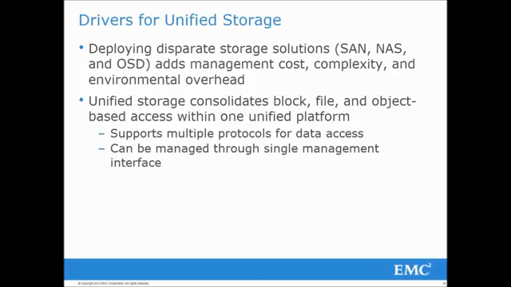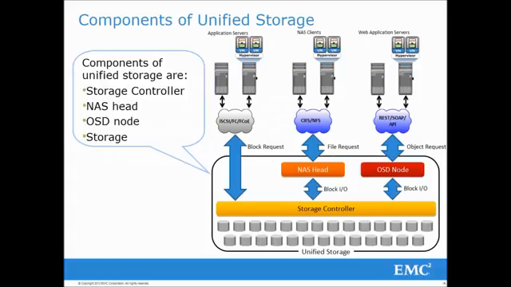Components of unified storage. A unified storage system has the following key components: a storage controller, NAS head, OSD node, and storage. The storage controller provides block level access to application servers through iSCSI, FC, or FCoE protocols. It contains iSCSI, FC, and FCoE front-end ports for direct block access.